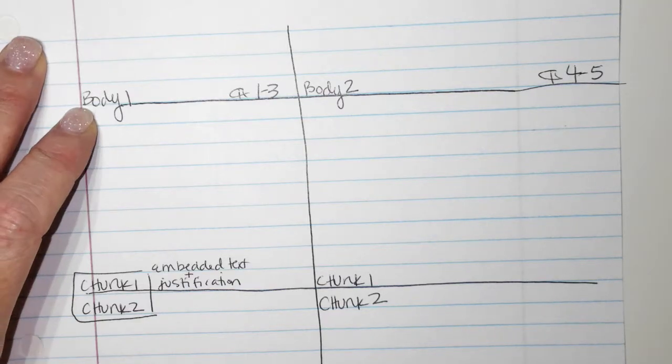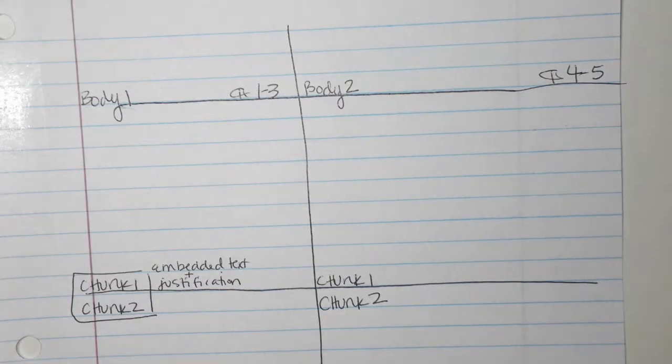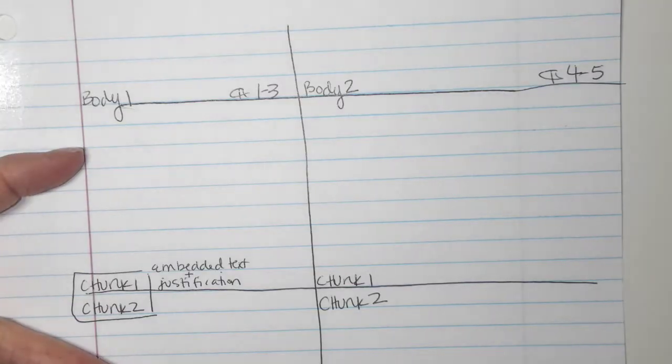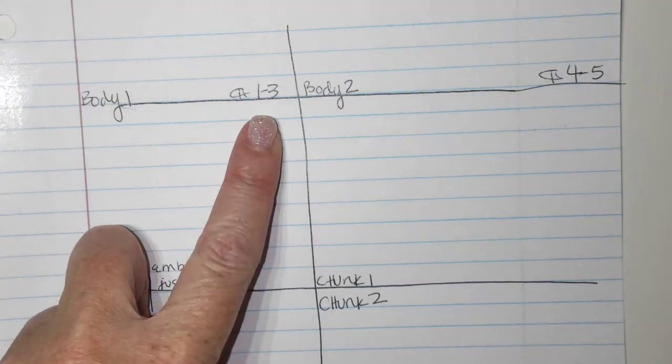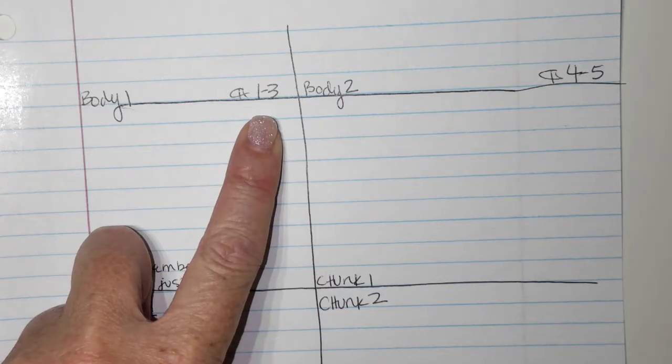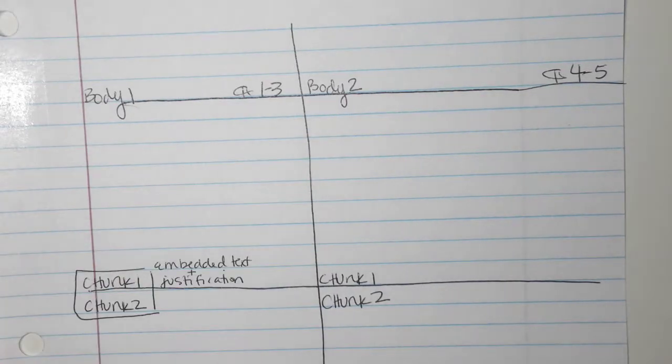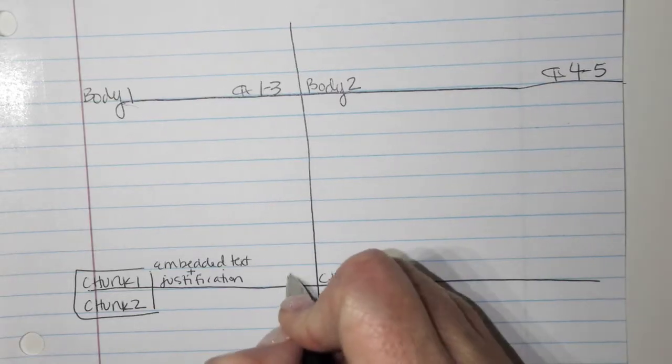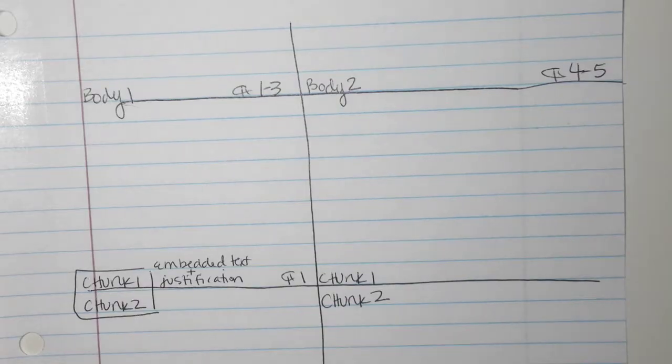With me? Okay. Now what we want to do is look at our chunks. So for body paragraph 1, we have to get 2 chunks. Where would we say the first chunk would come from? What paragraph do you think? Okay, so we're going to say this is going to come from paragraph 1.